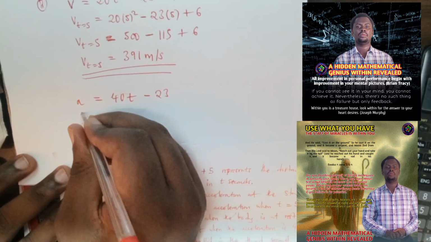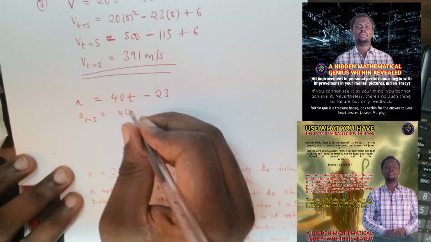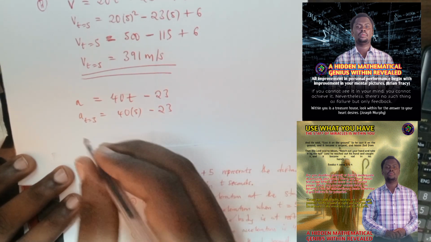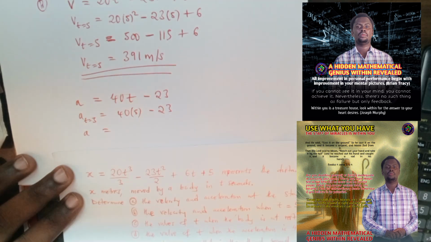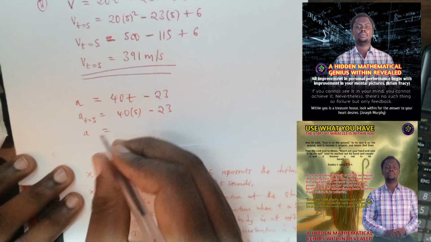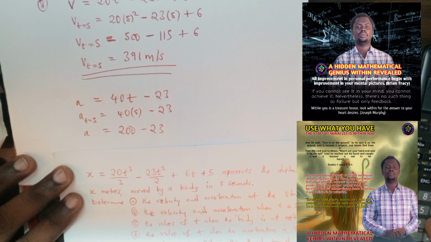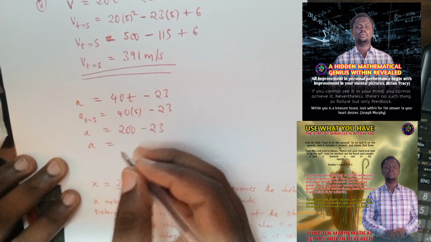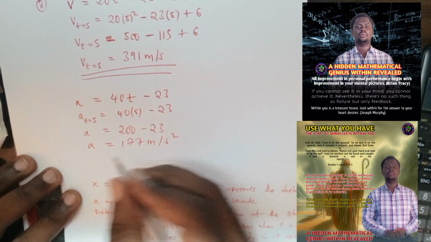So acceleration when t is equal to 5 is 40 times 5 minus 23. 40 times 5, that should be 200. Then minus 23. So 200 minus 23, you get 177. So acceleration is equal to 177 meters per second squared.